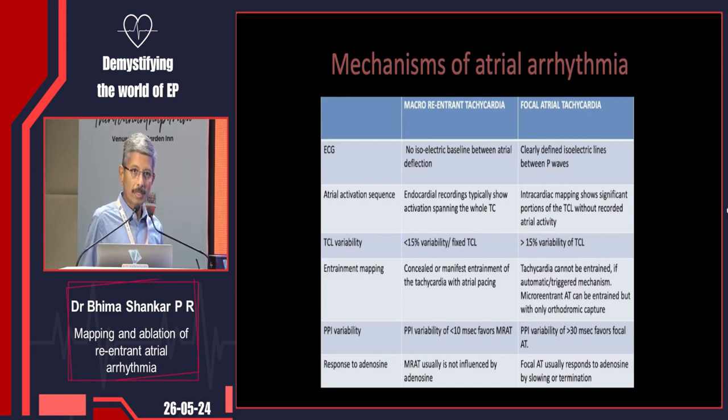Micro reentrant atrial tachycardia can be confusing in this scenario and can be captured only when you're entraining from close to the focus. And if you can entrain from two sites that are at least 2 centimeters apart, with characteristics of being in the circuit, meaning that your PPI is very close, then it is a definition for a macro reentry. Response to adenosine can also be of use. Focal atrial tachycardia tends to respond to adenosine either by termination or slowing, though micro reentry can again be confusing in this scenario.